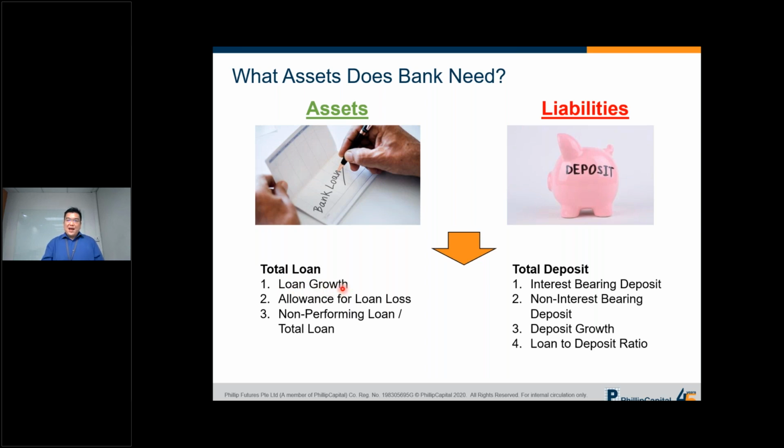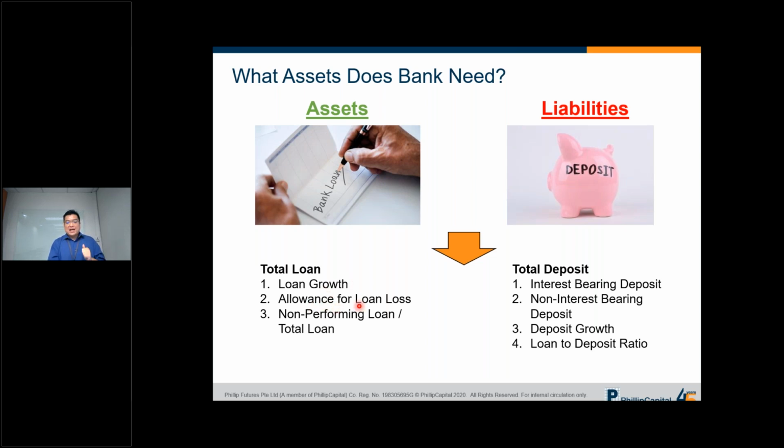The only way a bank earns money is that interest portion. So the more money they lend out, the more loans they write, the higher their income should be, assuming all the loans are paid back and there are no bad loans. So loan growth is one important key that we look at, because that's how the bank makes money.